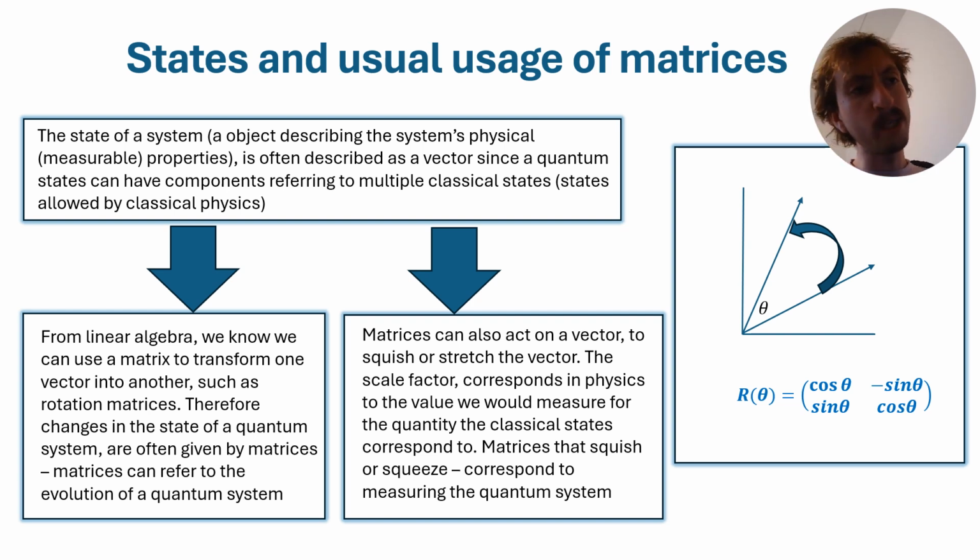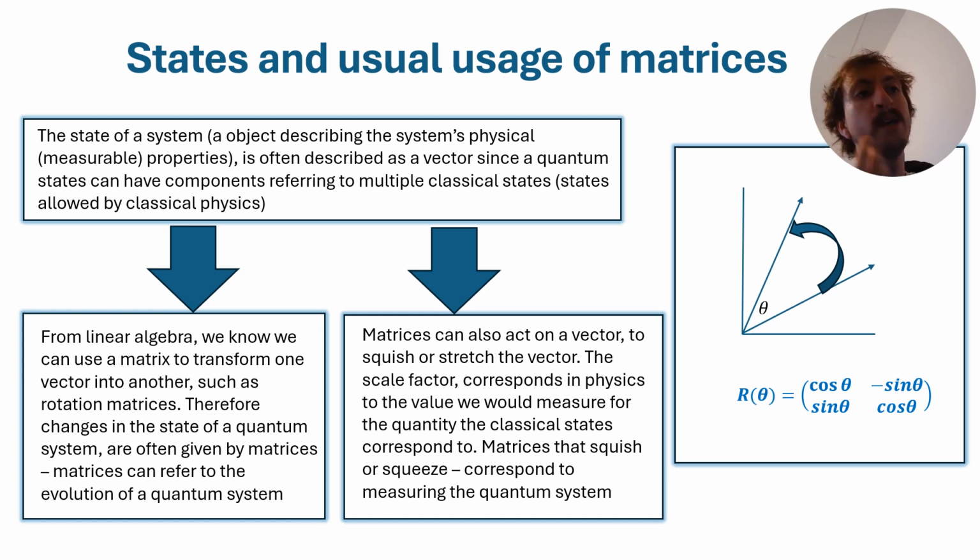However, the stretching or squishing refers to introducing a scale factor, and the scale factor, it turns out, represents the value for the physical observable we would measure if we found our quantum system in a particular classical state.